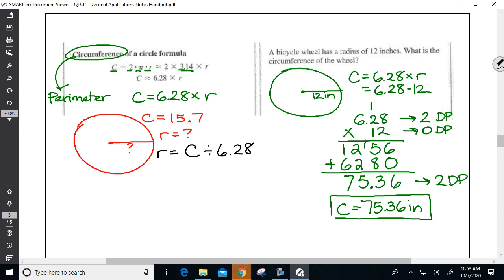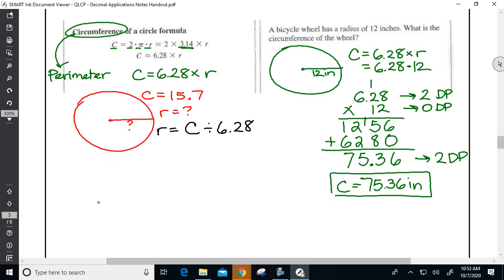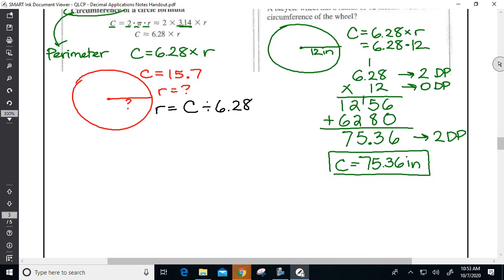First, you got to read the problem, and then two, you got to look at what it's asking for. Reading is very, very fundamental. So the radius is 15.7 divided by 6.28.